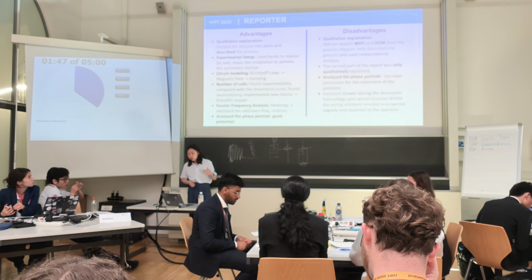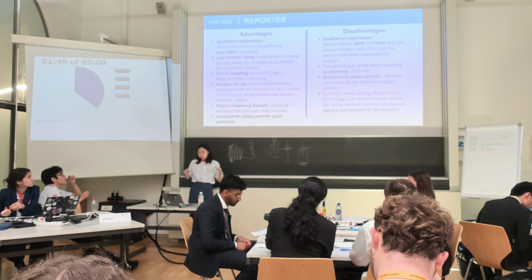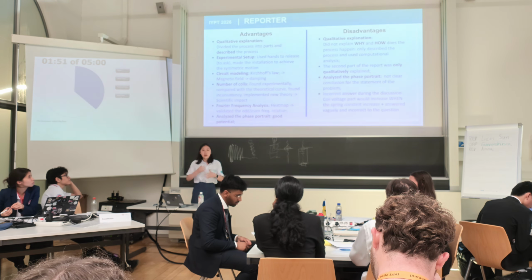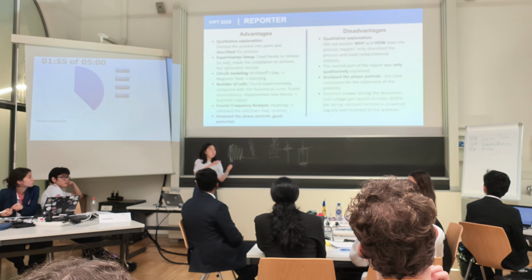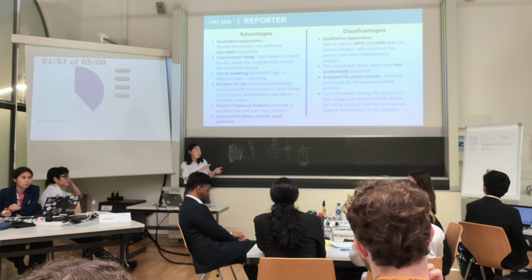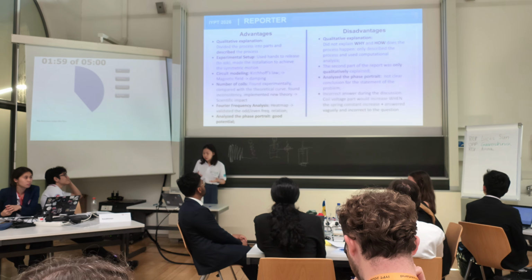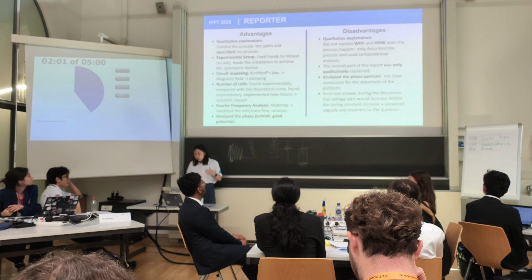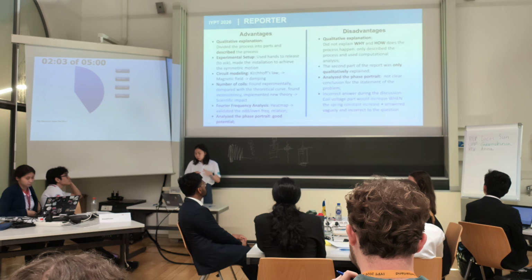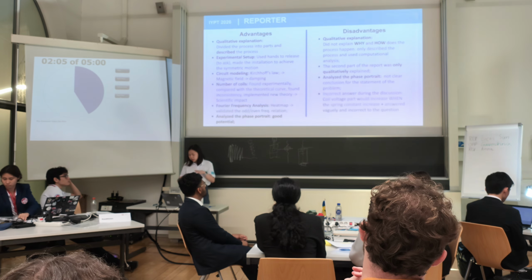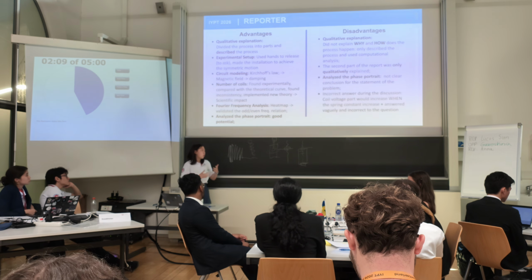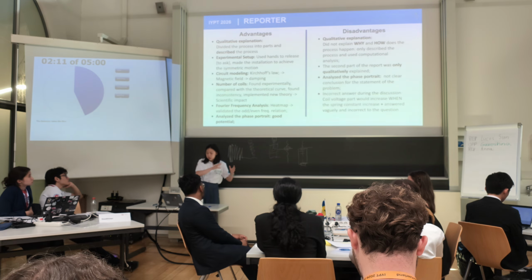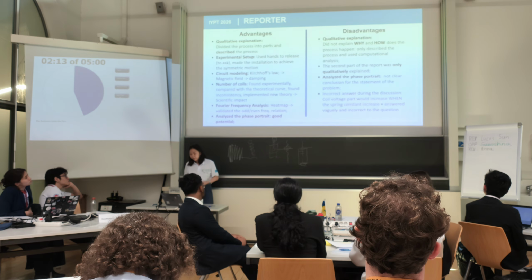For the second part of the report, they only qualitatively explained the phase portraits, did not really make a model which would predict, and did not really experimentally analyze the second part. So then they analyzed, there was no clear conclusion for the statement of the problem, how it links to the statement of the problem.